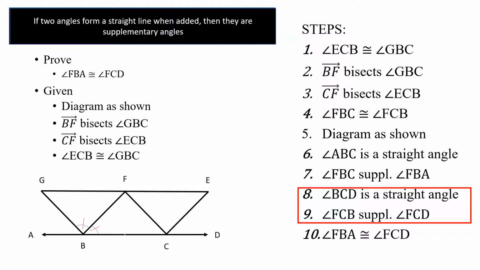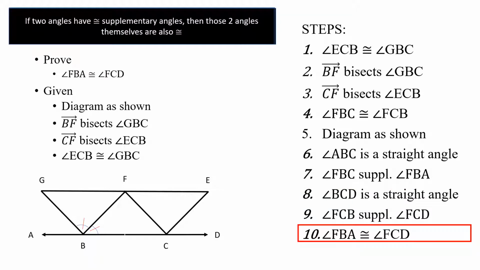Well, again, if two angles form a straight line when added, then they are supplementary angles. All right, so this is going to bring us all the way to step 10. Step 10 states that angle FBA is congruent to angle FCD, and that is in fact just what we set out to prove.